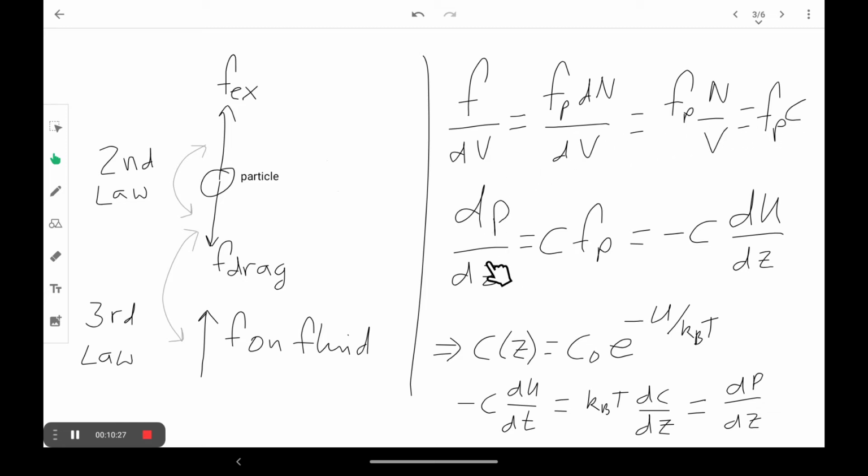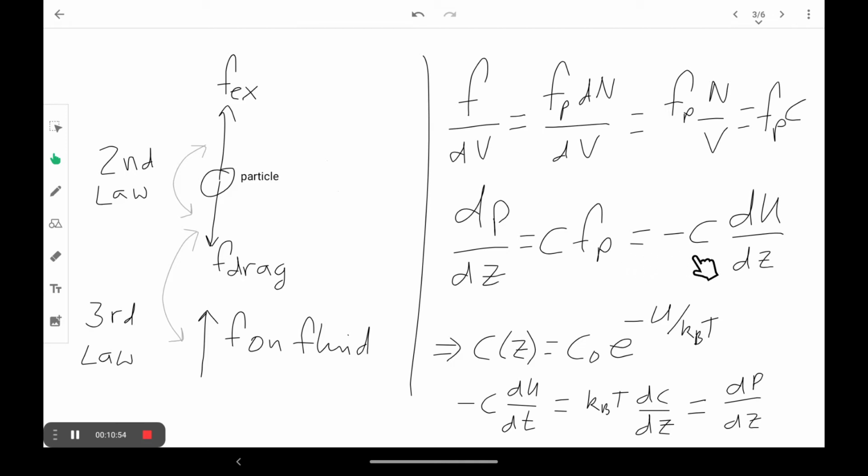So plugging that into our previous equation, we have the derivative of pressure with respect to Z is equal to the concentration, which is also a function of Z, times the force per particle. But if that particle is feeling a force, we could also say that that particle has a potential energy with the external system, be it gravity, an electric field, whatever it is.